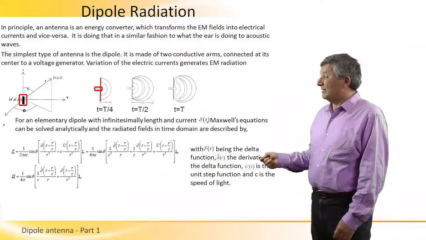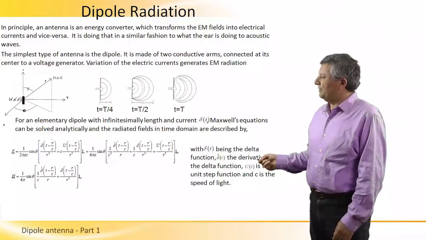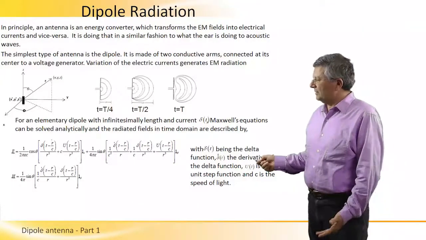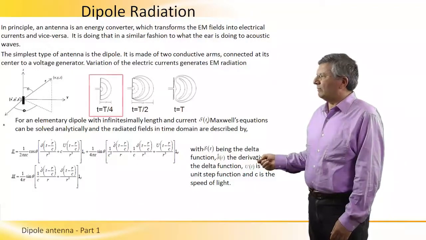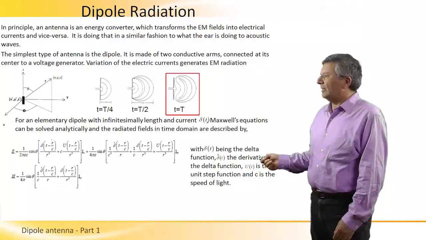The signal being a periodic signal, we have here the electric field lines at three instances, T over 4, T over 2, and T, where T is the period in time of the signal.